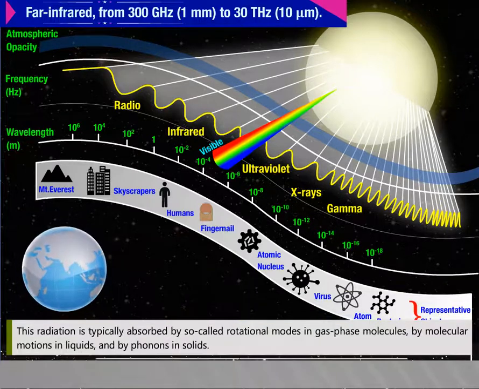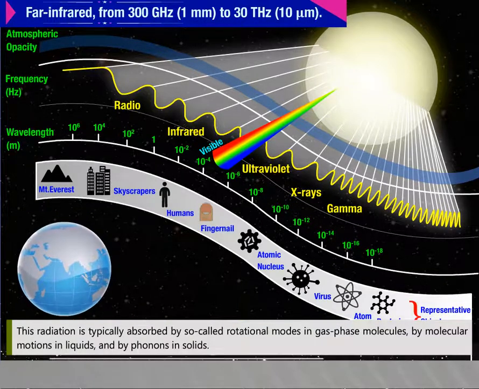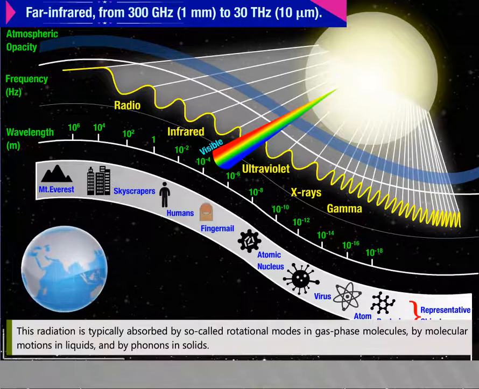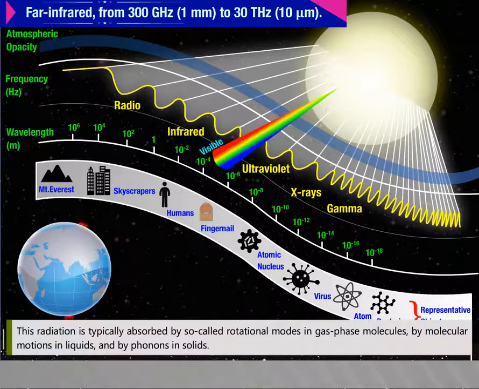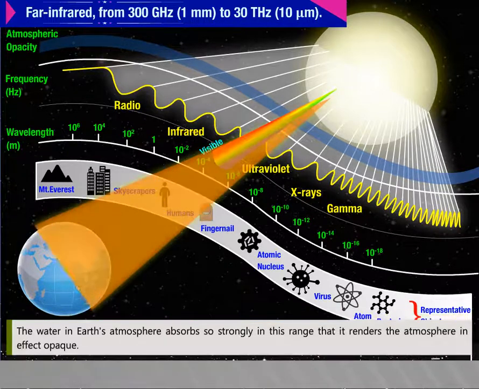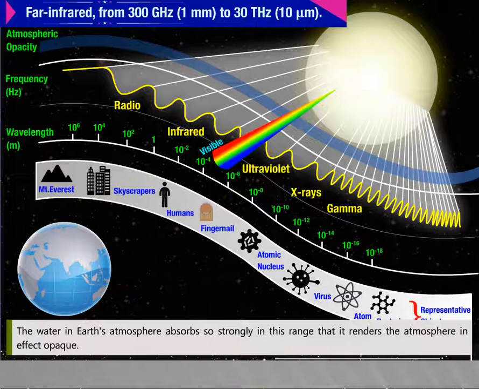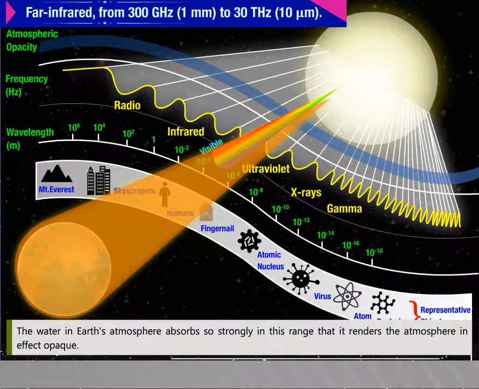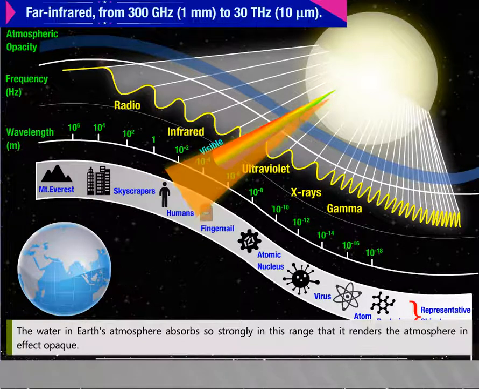This radiation is typically absorbed by so-called rotational modes in gas phase molecules, by molecular motions in liquids, and by phonons in solids. The water in Earth's atmosphere absorbs so strongly in this range that it renders the atmosphere in effect opaque.